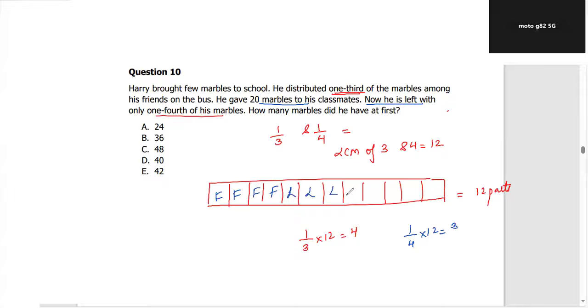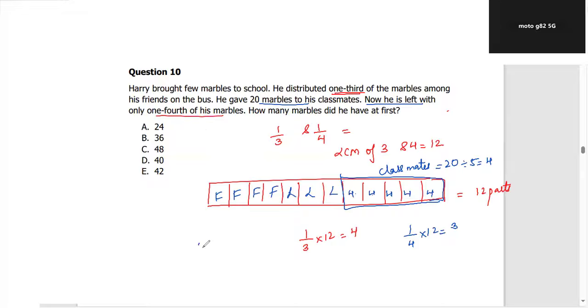So basically, this much is what he gave to his classmates, which is adding up to 20. Now, how many boxes are these? 1, 2, 3, 4, 5. So 5 parts he gave to his classmates, which is 20 divided by 5 is 4. So that means each box stands for 4.